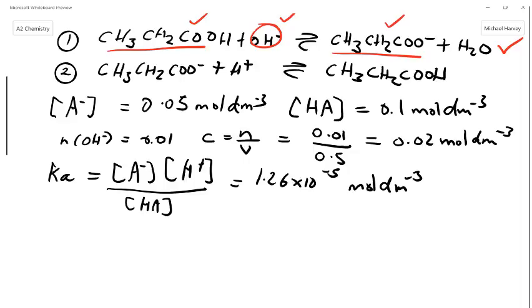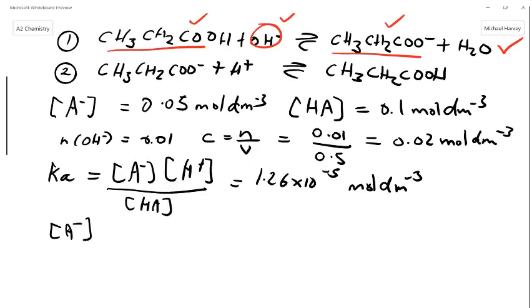So we can start to plug in numbers. For this example, A minus is going to be based around equation 1 here.